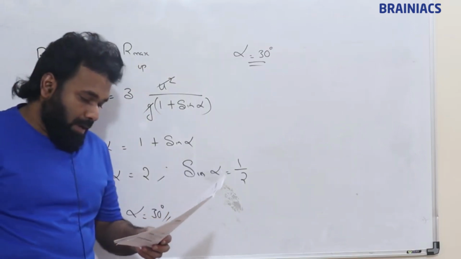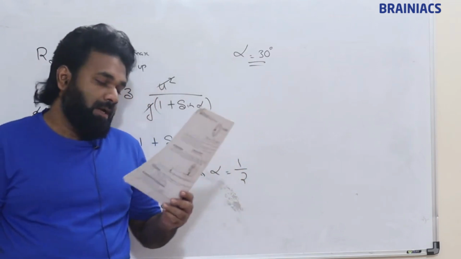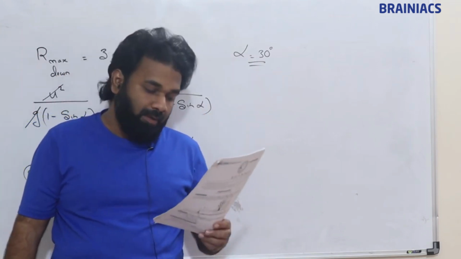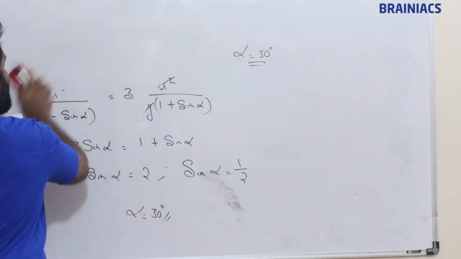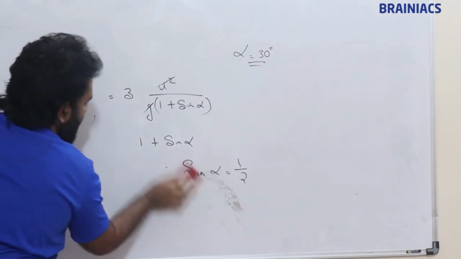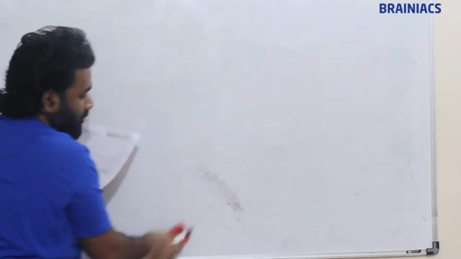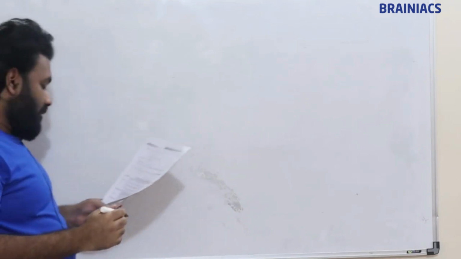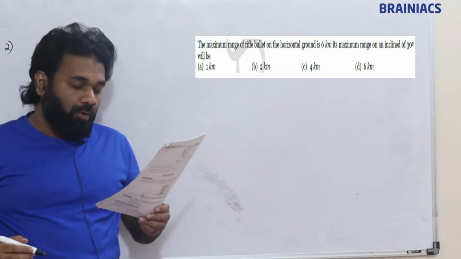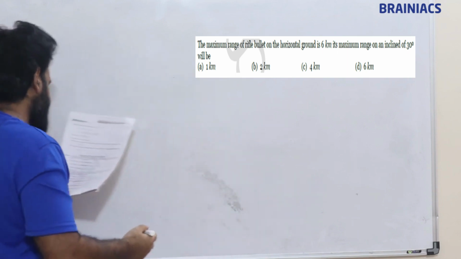Done. Another question, question number 2: the maximum range of a rifle bullet on horizontal ground is 6 kilometer.